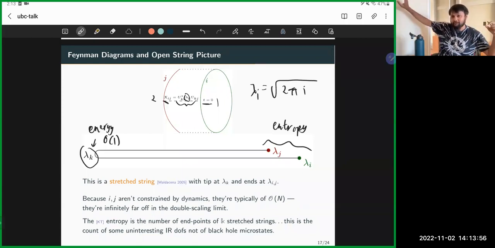So typically you expect them to go all the way off. You, of course, have strings that come from the other side, where lambda_i and lambda_j are to the left. I don't know what's going on there. That's something we've been discussing on our side as well. Thanks.